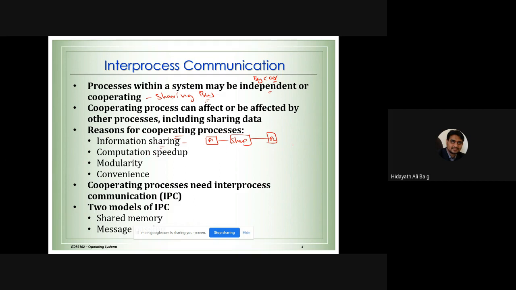Computation speed up means with the help of this sharing, one process can create child processes, so that this can complete one job, this can complete the second job, this can complete the third job, so that the computation will be fast. How is this happening? Because they can share together the information. With the help of that, they can work faster.